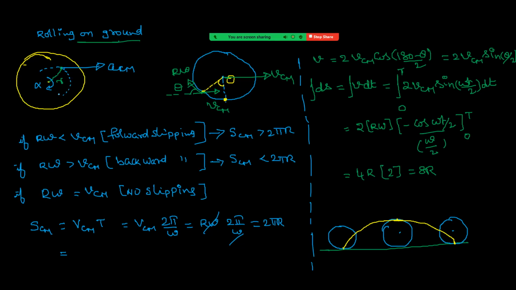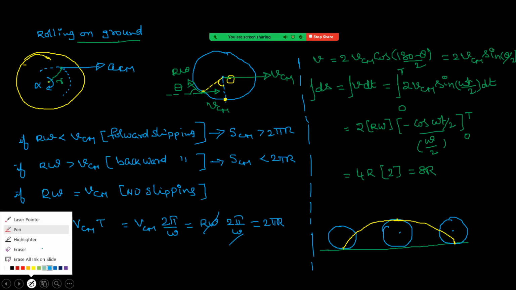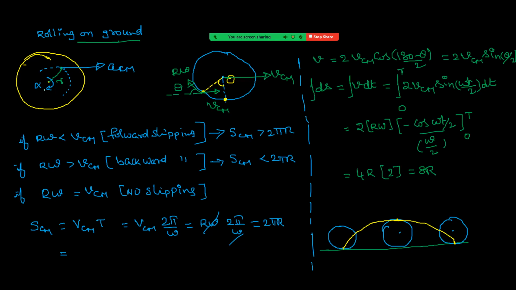Now, because of circular motion, it has two components of acceleration. One is along the tangent, that is now like this. That is R into alpha. And one is towards the center, that is centripetal acceleration.